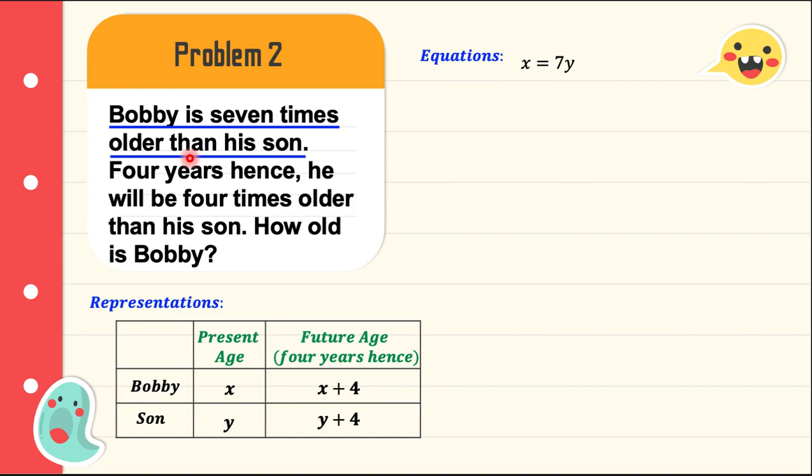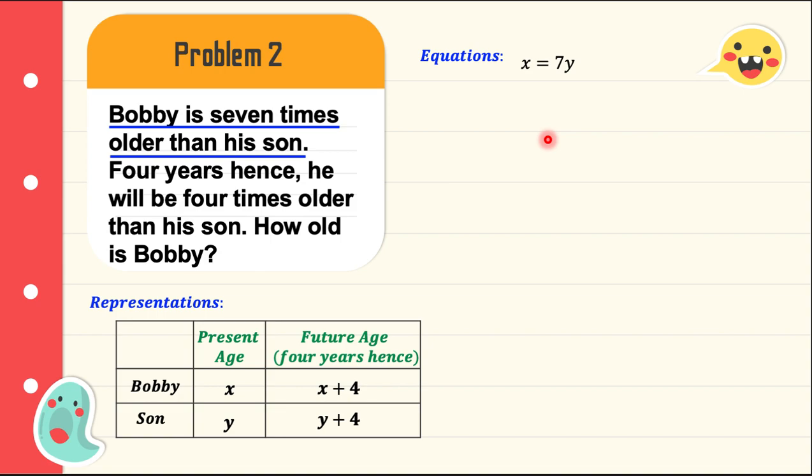Don't be bothered with the word older than here, because this older than here doesn't represent addition sign. It means 7 times older than his son, or in short, in Filipino, mas matanda ng 7 beses. Okay, na mas matanda siya kaysa sa anak niya.